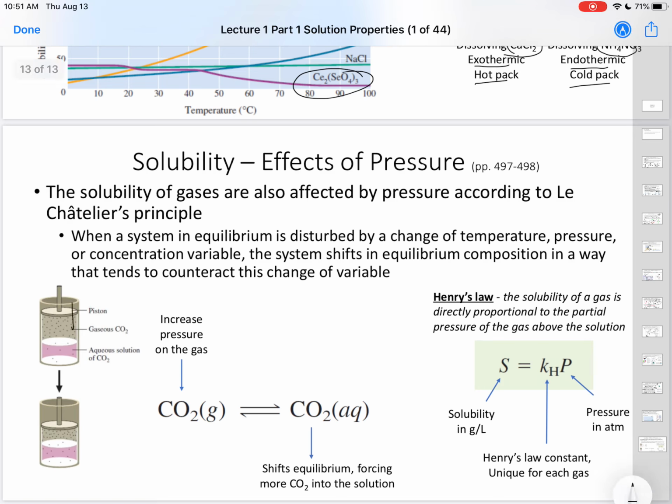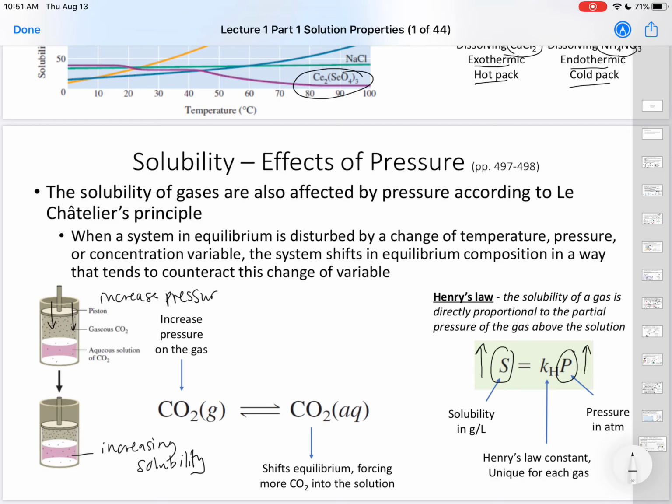If you have a gas here and press down on this piston, it increases the pressure, and more solute will dissolve. This is represented by Henry's law, where S is the solubility and P is the pressure. As you increase the pressure, you increase the solubility.